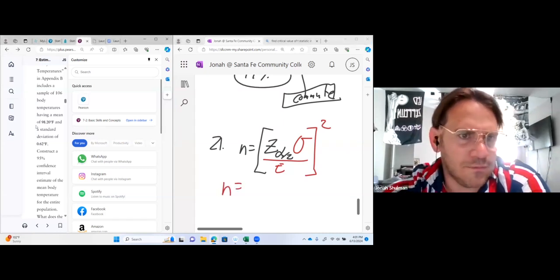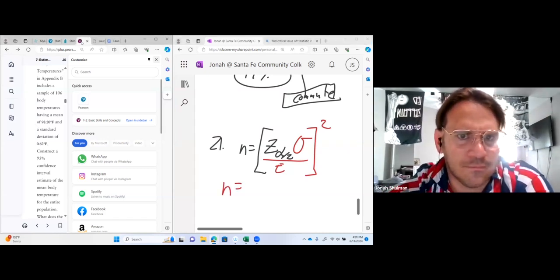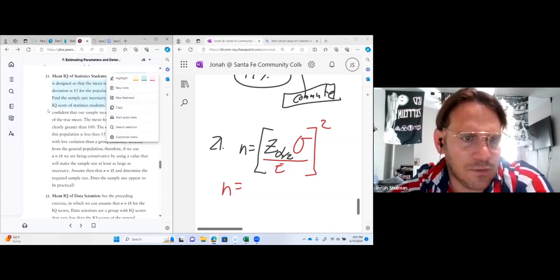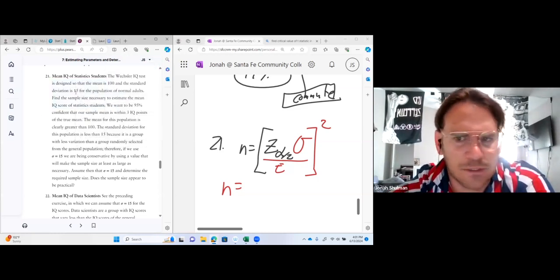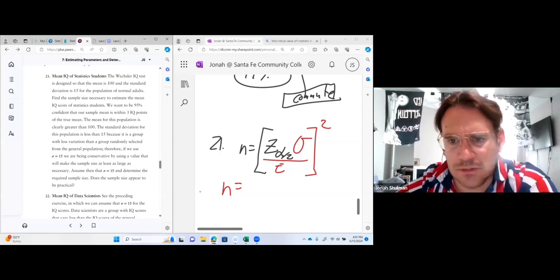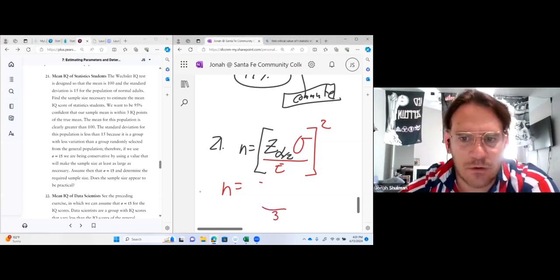So I'll do this one. The mean is 100, the standard deviation is 15. We want a 95% confidence interval within 3 IQ points of the true mean. So this says we have a 3 error. That's our error right away.